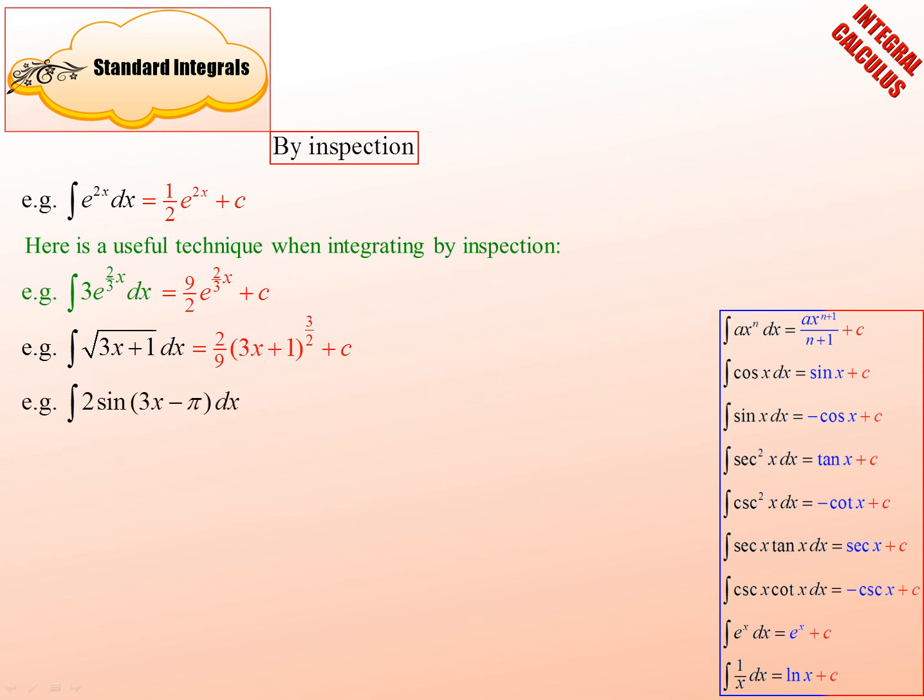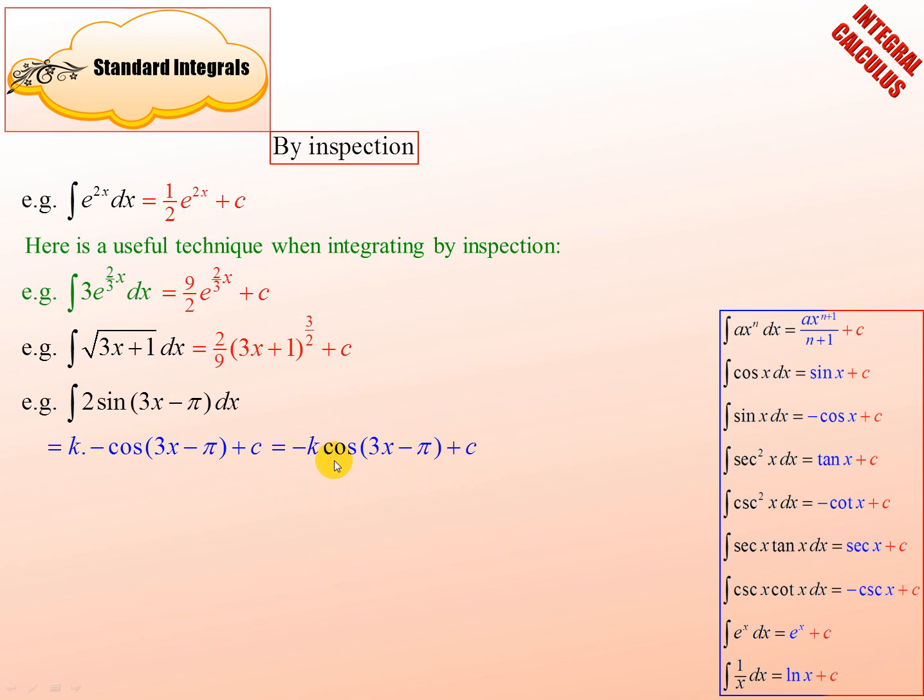Another case with trigonometry now. The integral of sine is negative cos. Therefore, I think that there's a negative cos involved. So I'm going to put negative cos 3x minus pi, and I'll put a k there, which goes to there.